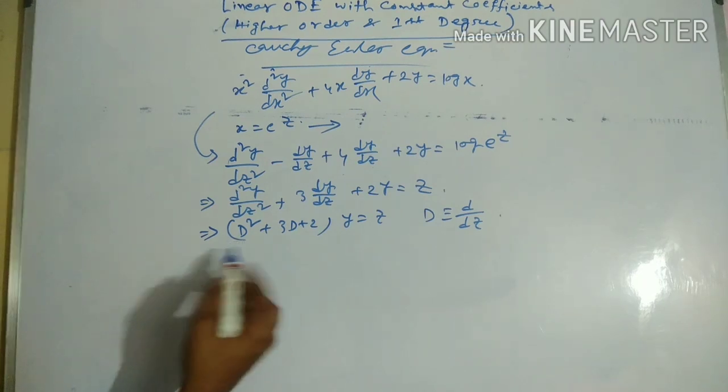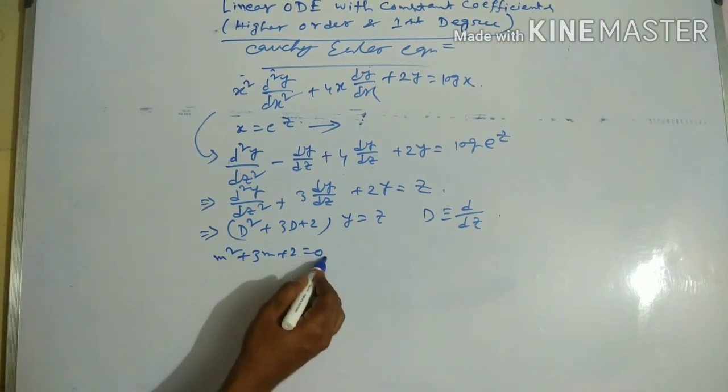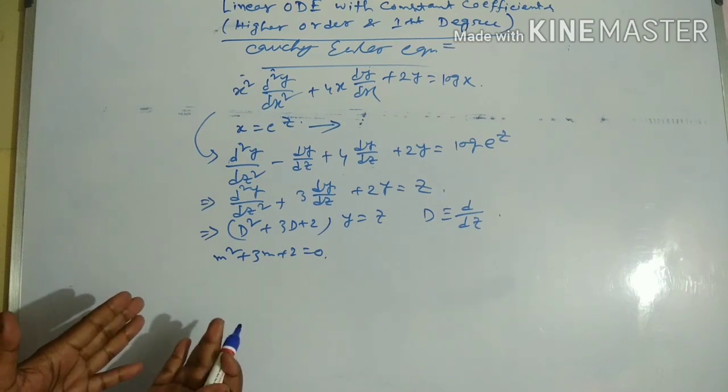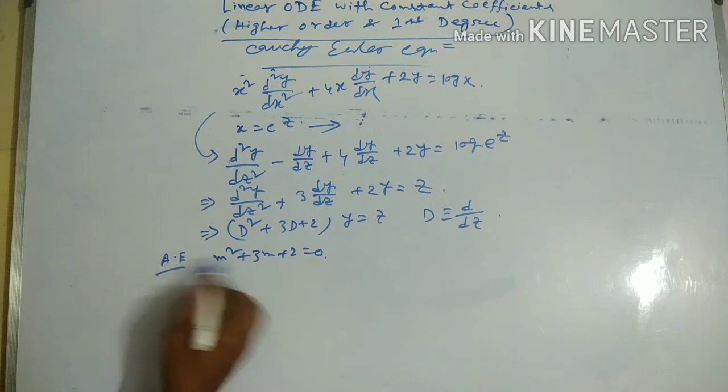So the auxiliary equation will be m² plus 3m plus 2 equal to 0. How I wrote this, you know the procedure. I am not repeating; I have discussed it in previous videos. So the auxiliary equation is this.